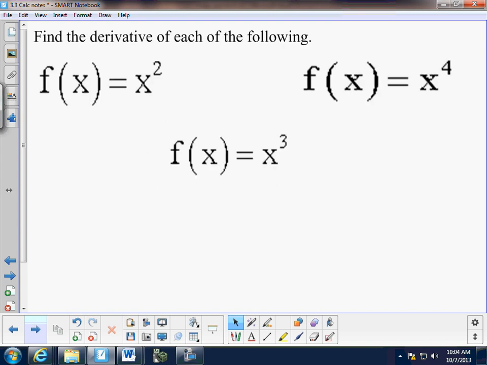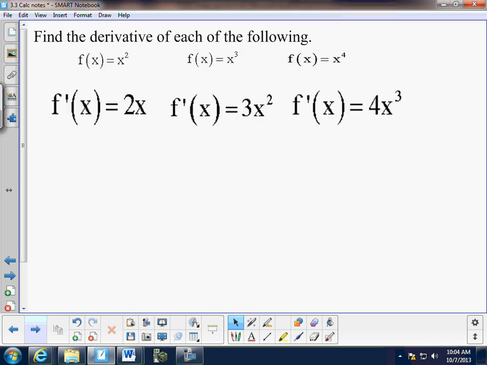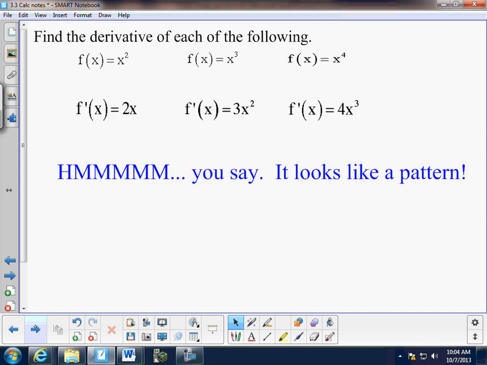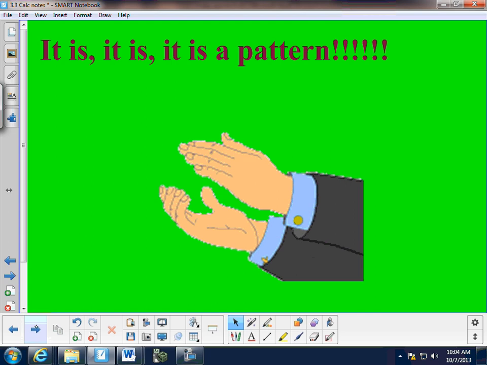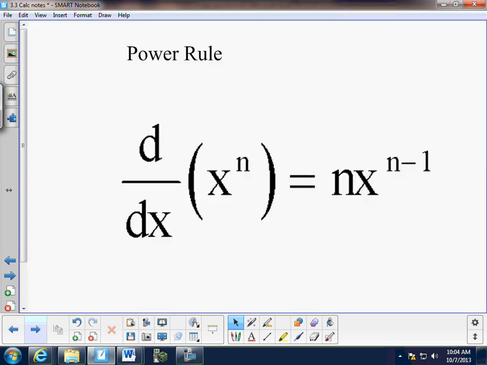All right, so it's a long, involved process we could do using the limit of the difference quotient. But if we remember from last year, these are the derivatives. And the pattern, of course, is with that. You say it looks like a pattern. Yes, it does. Good for you to recognize it's a pattern. This is the pattern.